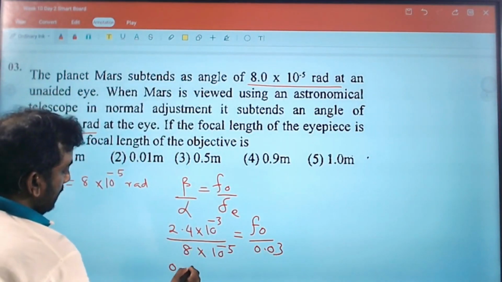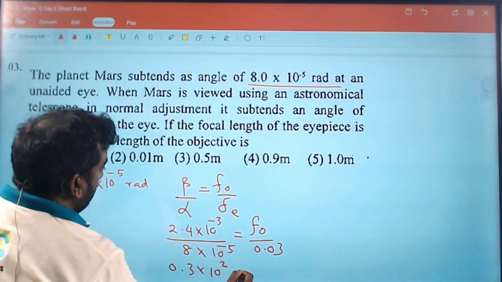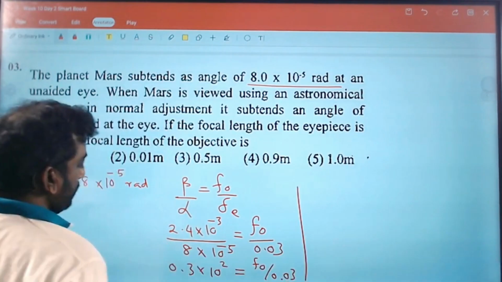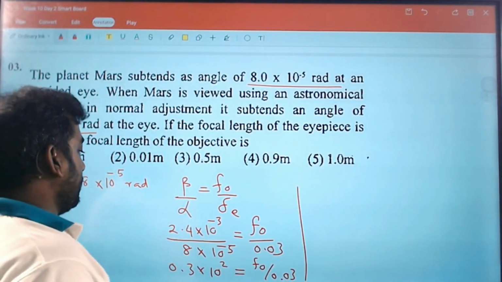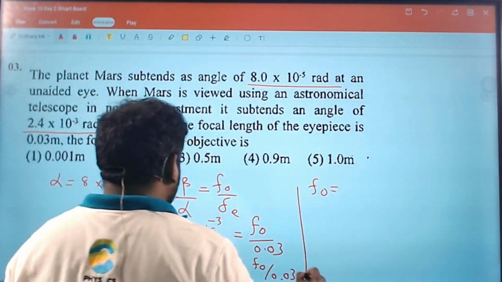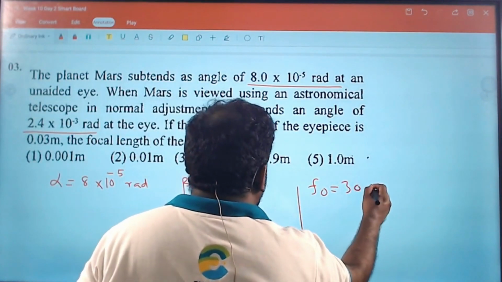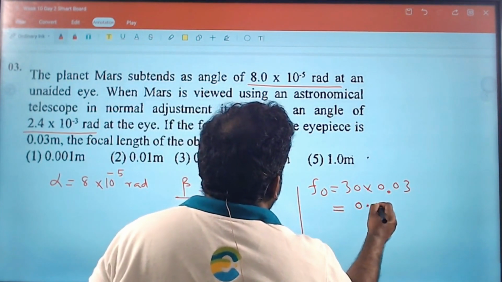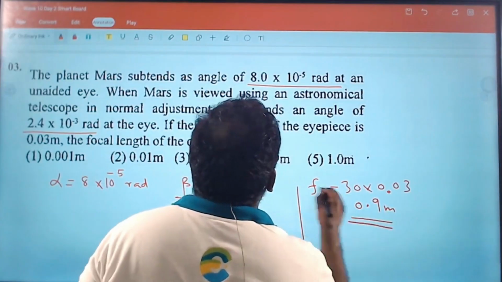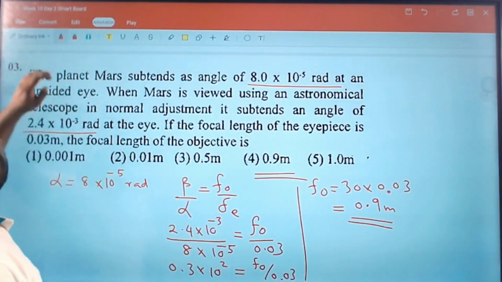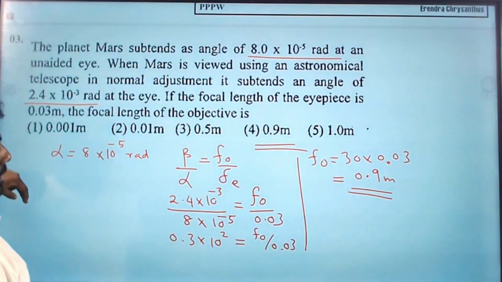Simplify this: 30 equals F naught over 0.03. F naught is 30 multiplied by 0.03, which is 0.9 meters. The correct answer is answer number 4.